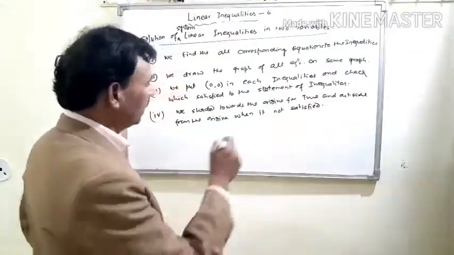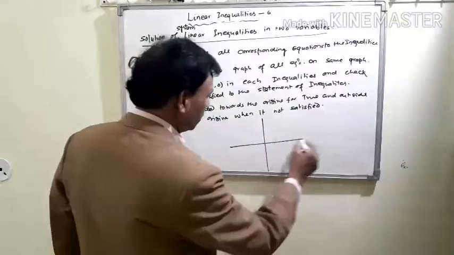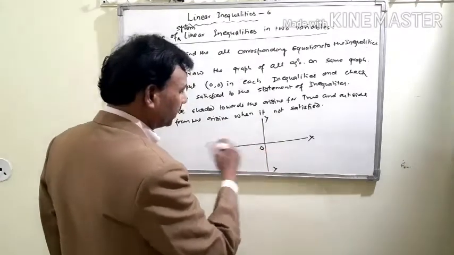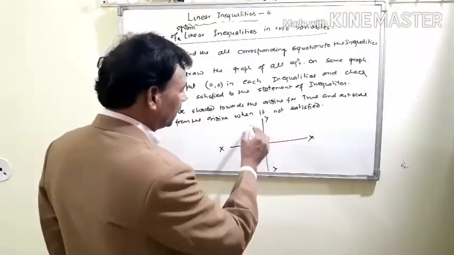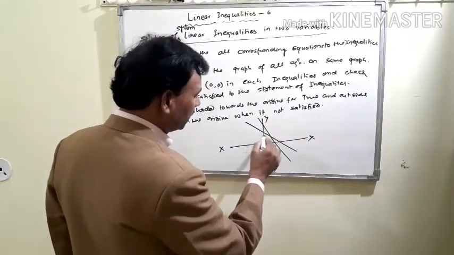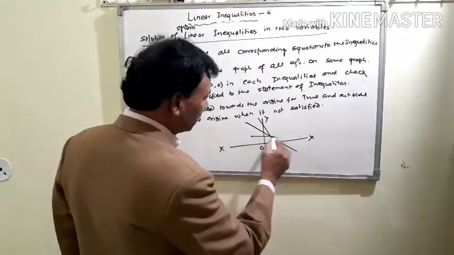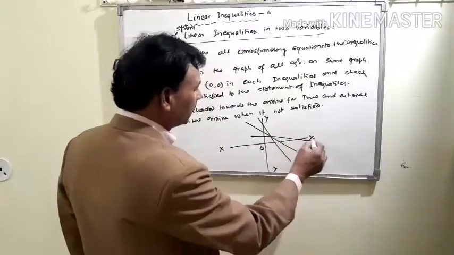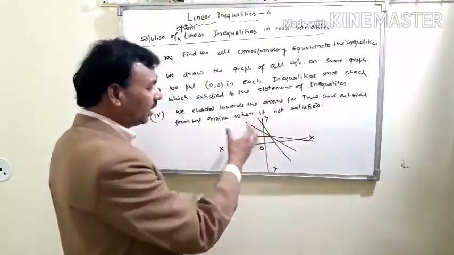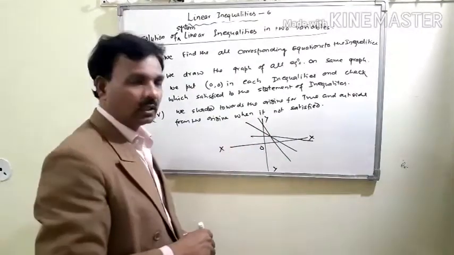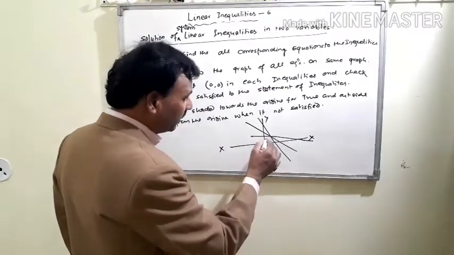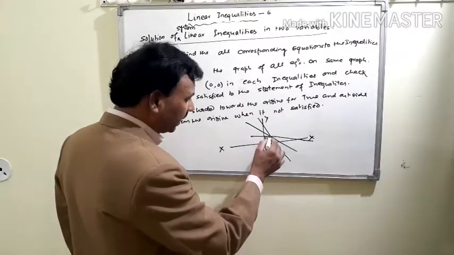Suppose here this is a plane and this is the origin. Suppose there are three types of lines, like this. If all the inequalities satisfy the statement with respect to the origin, then the shaded region will be like this.